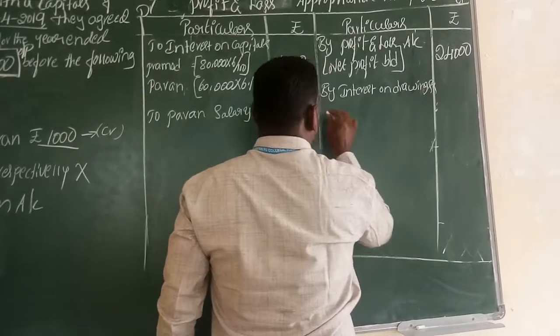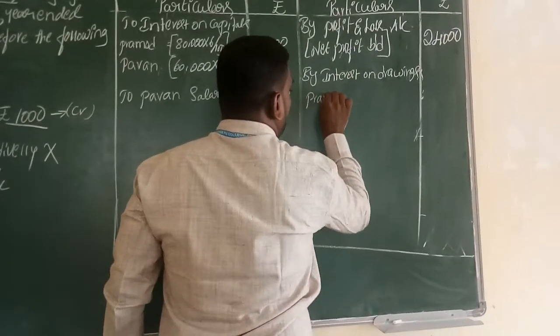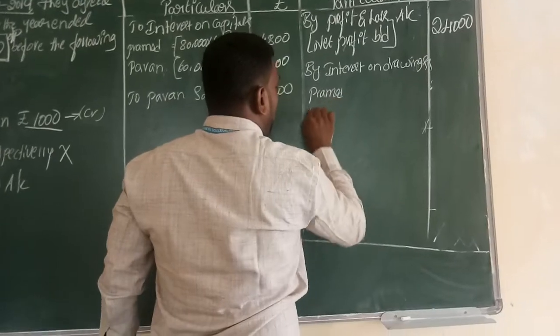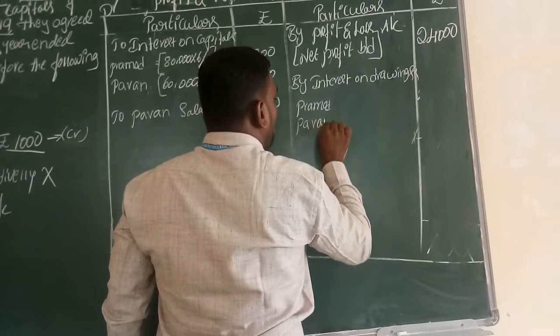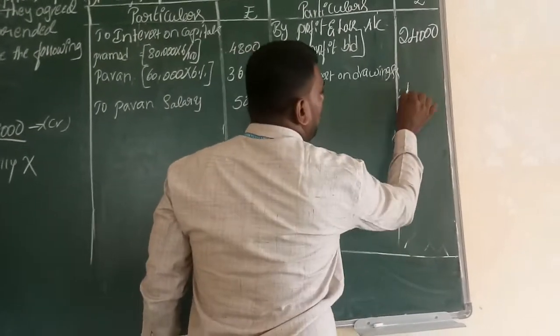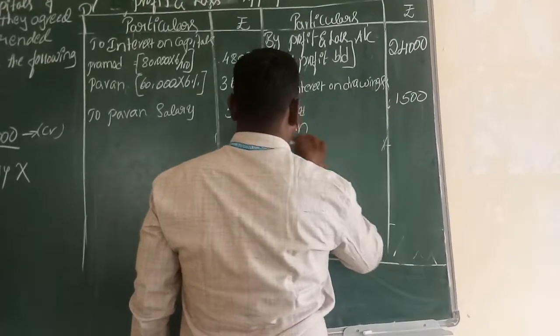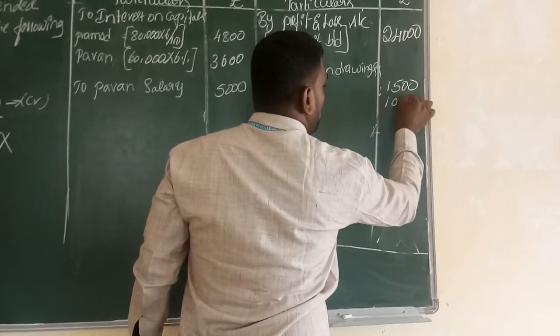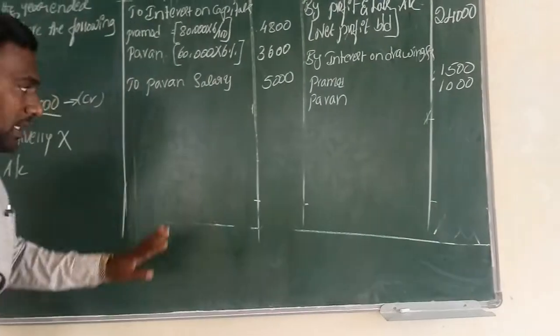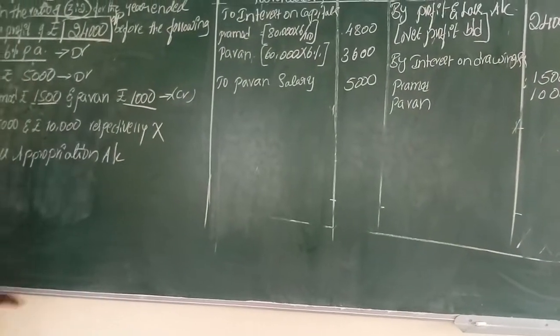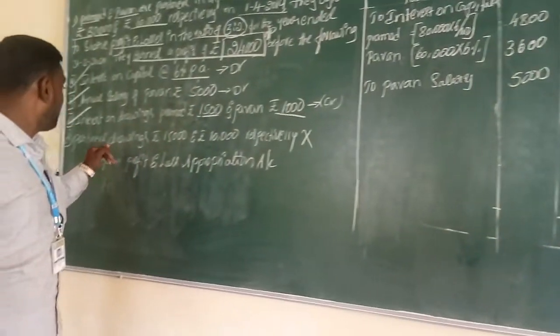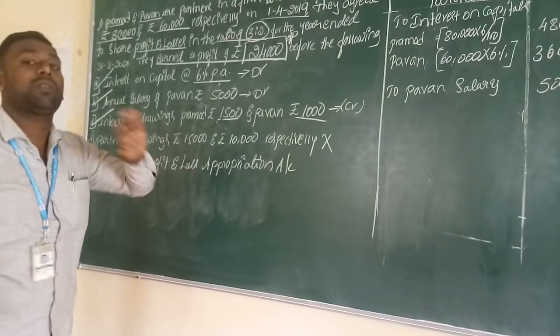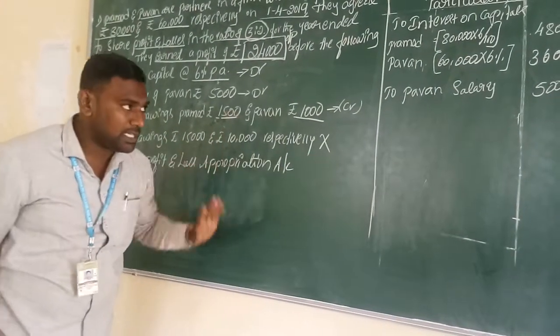Interest on drawings, that is Pramod, Pawan. So Pramod drawings is 1,500 rupees. Pawan drawings is 1,000 rupees. This is about adjustment number 3, that is completed. And adjustment number 4, the drawings is given, it won't be considered, so that adjustment is ignored.